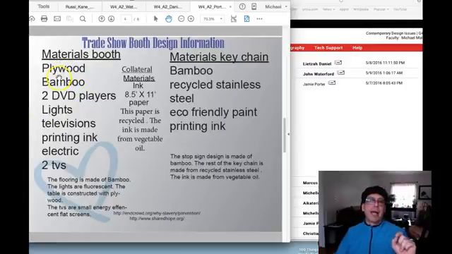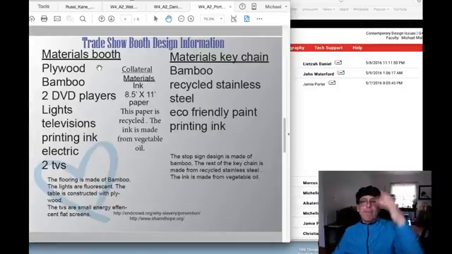Also, you have plywood. Plywood is typically cemented together, so you have cement involved, which is typically, yes, you guessed it, toxic. You have DVD players, you have lights and televisions. So you've got an awful lot of electricity being used for something that is supposed to be considered a sustainable booth. Is that making sense? Printing ink, what kind of ink and why is it sustainable?